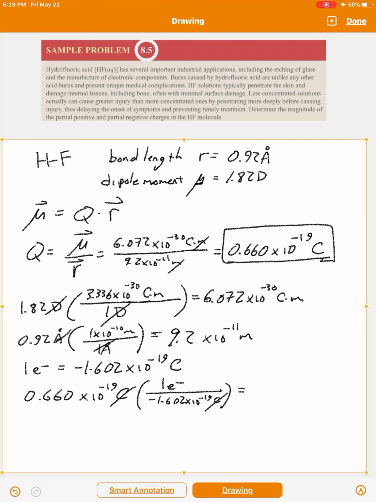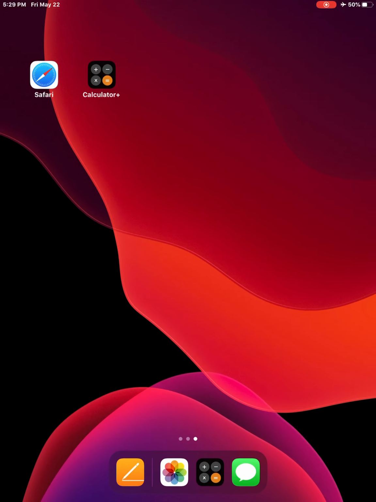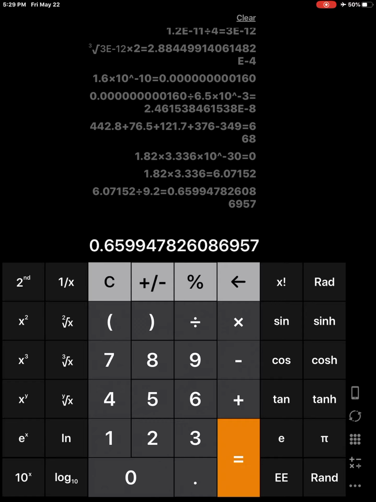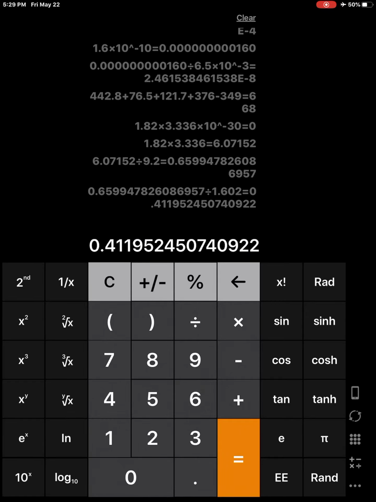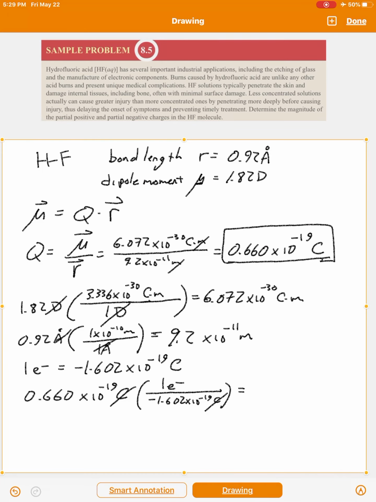So the 10 to the minus 19 is going to cancel. So it's 0.660 divided by 1.602, and you get 0.41. Okay, so that's the charge relative to the electron.